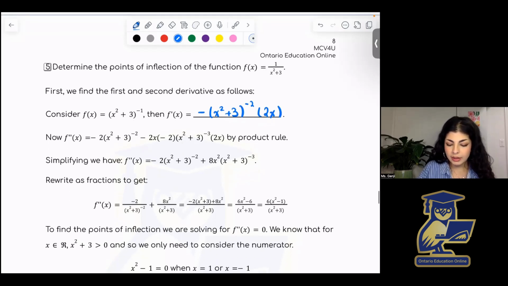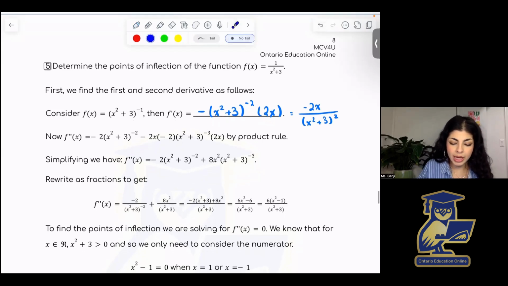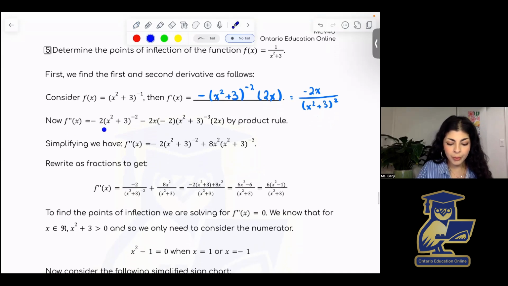Now, you can either think of this as a product rule as is, or you can change it to this rational function and then use the quotient rule. But I just use the product rule here. So we are finding the second derivative.